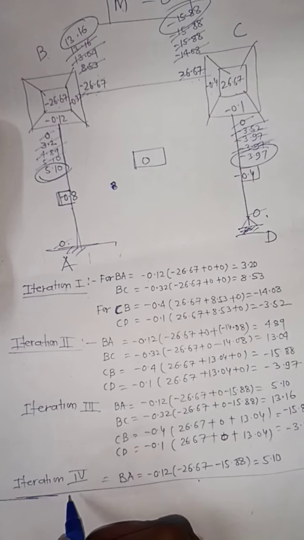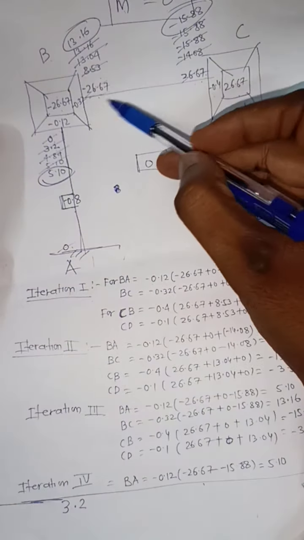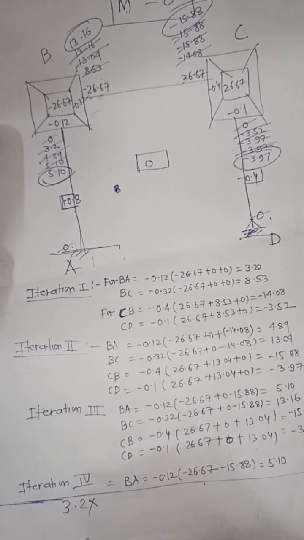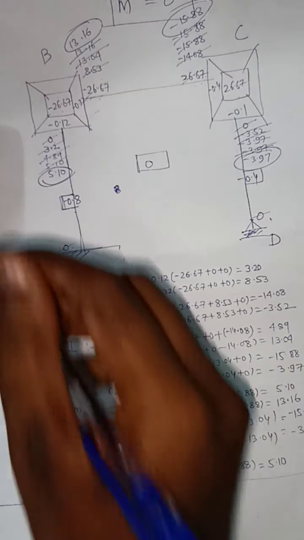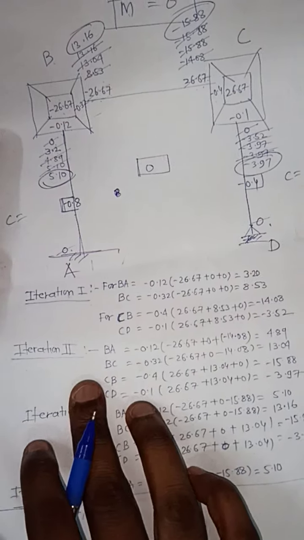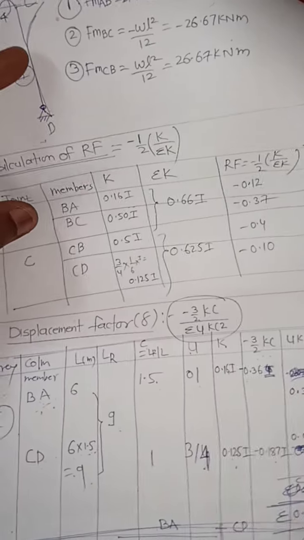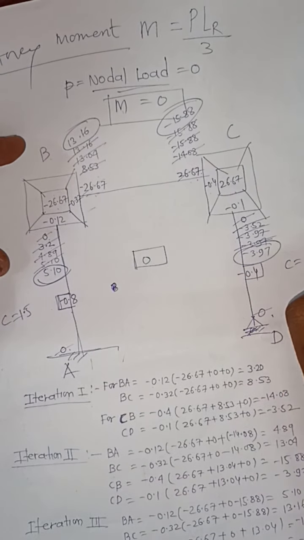This 3.2 value is multiplied by the factor we have to consider. So the C value we have to consider here, and here also the C value. What was the C value? 1.5 for BA, and for CD it was 1. So the C value we write here 1.5, and here we consider 1.